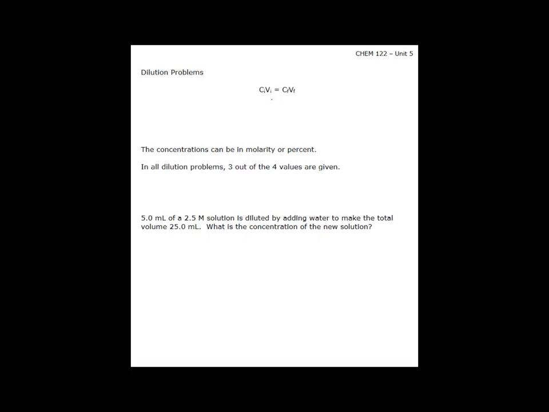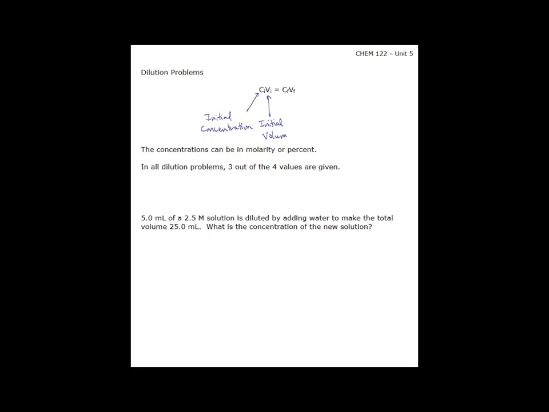So to calculate how much something needs to be diluted, this formula is used. CI VI is equal to CF VF. C stands for concentration. The subscript I stands for initial, so this is initial concentration. V stands for volume, so it's initial volume.